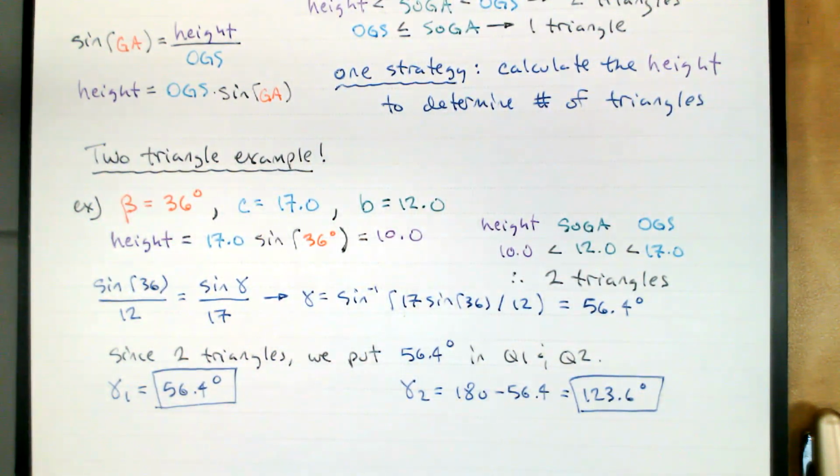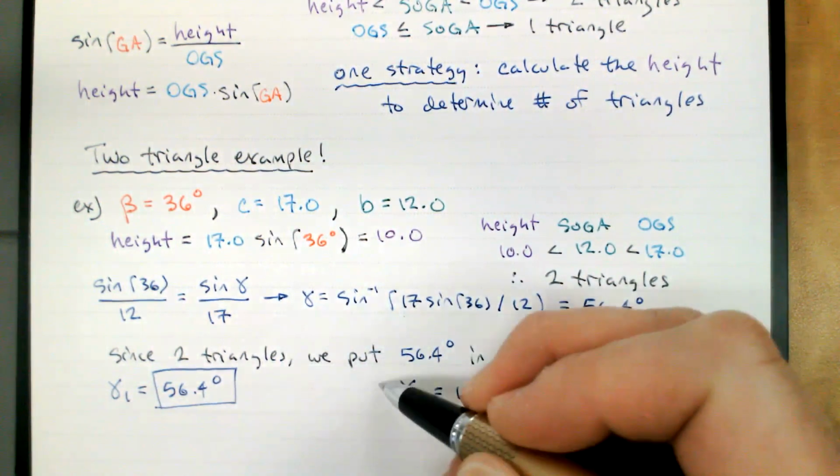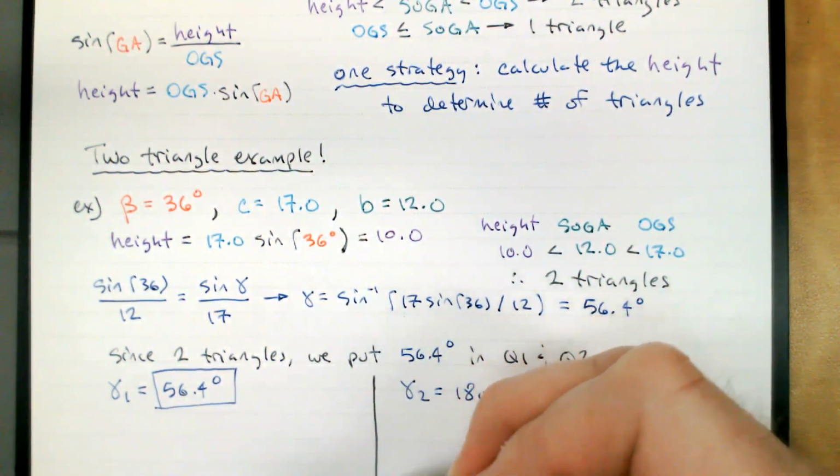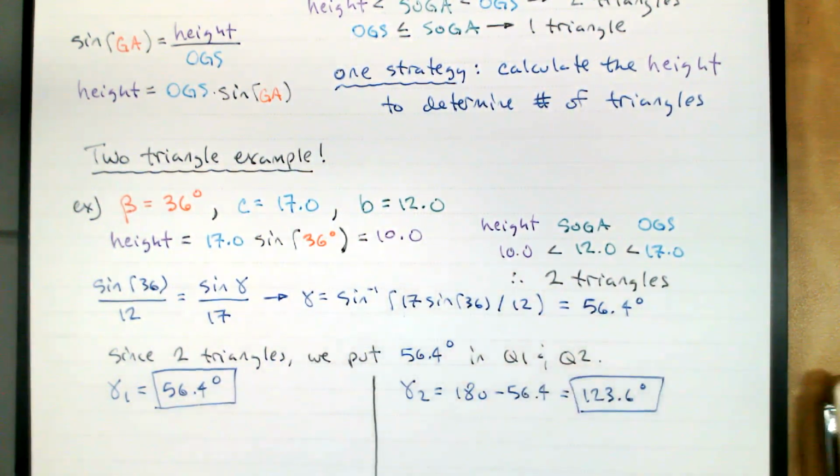And now the problem has just been split in half. And I just solved one triangle from the quadrant 1 and my quadrant 2 triangle.